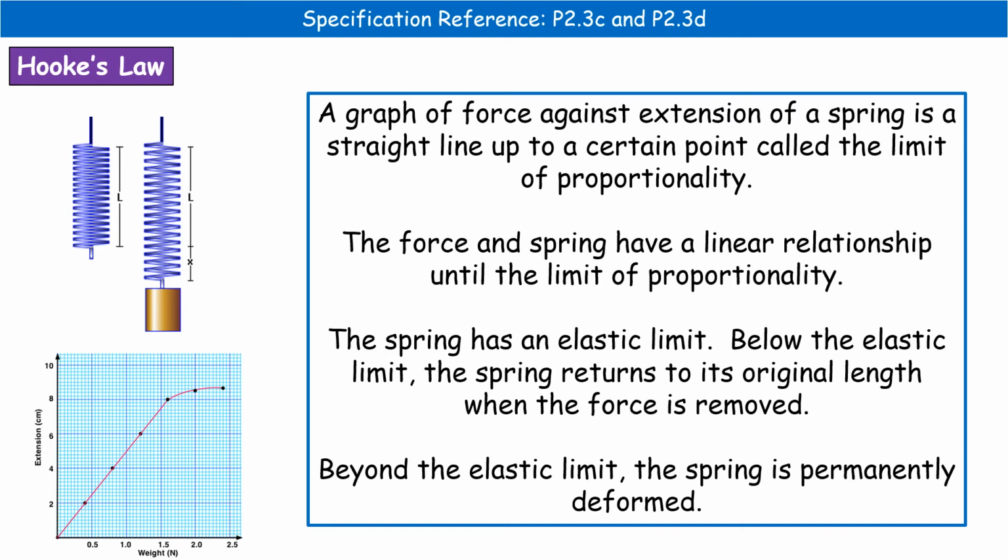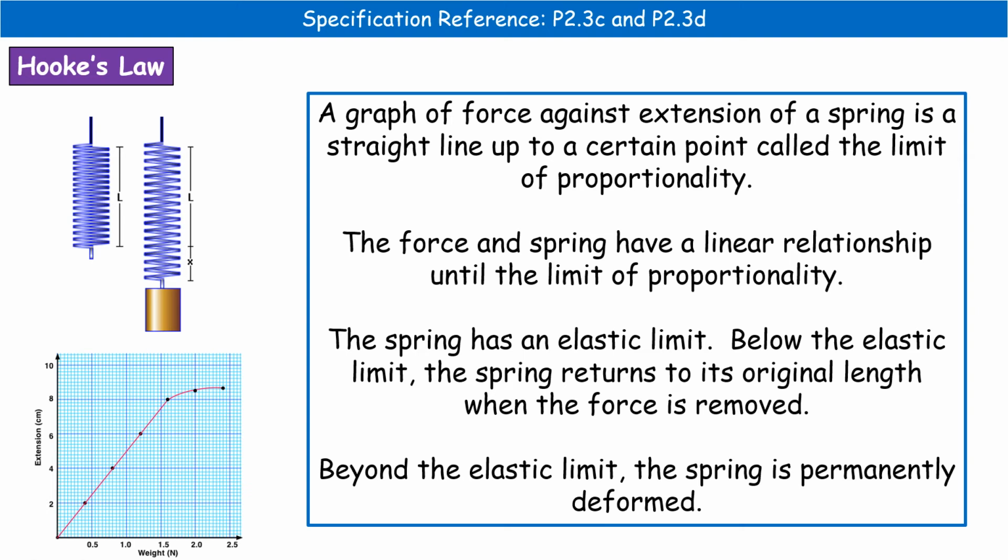Now, if we look at the graph in the bottom left corner, this is our typical graph of extension of a spring. What we have initially, so this first section between 0 and about 1.5-ish, is a nice linear section. So we've got a linear relationship.